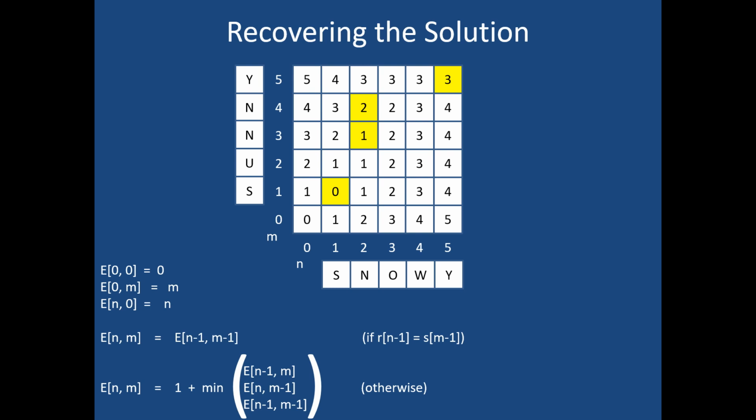That didn't require an edit operation because the characters are the same. So that's where we start. We copy that number from there, and no edit is required for that.